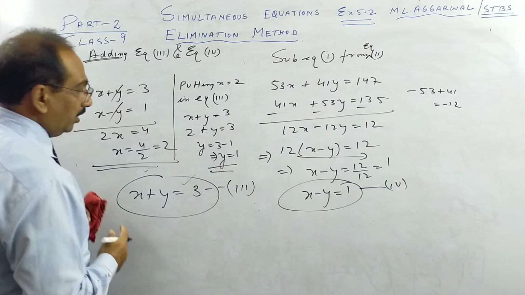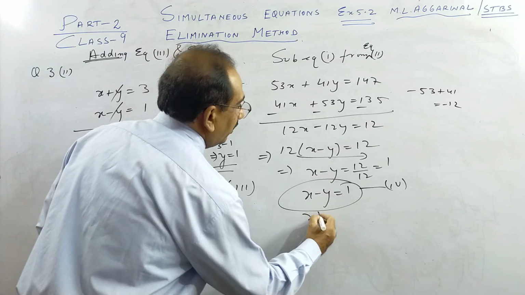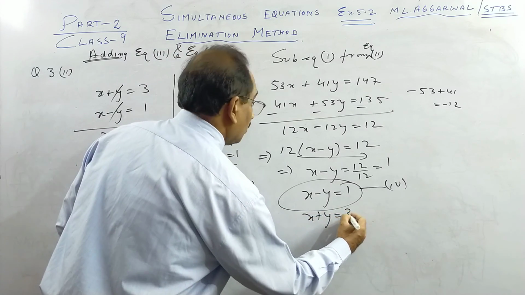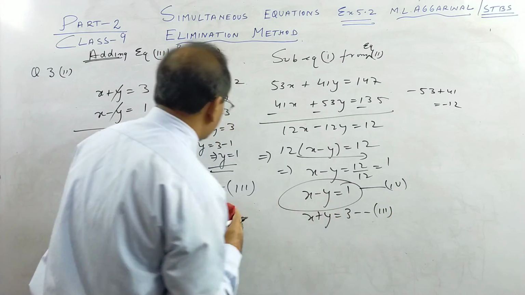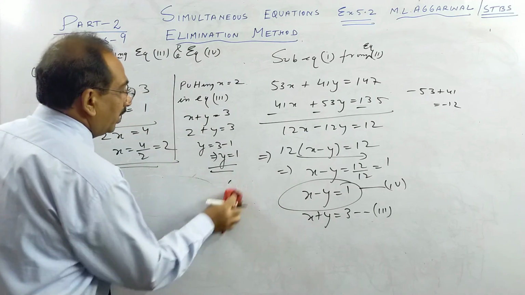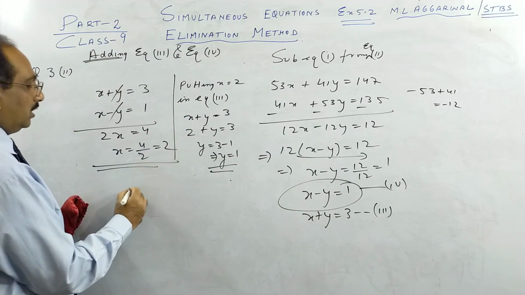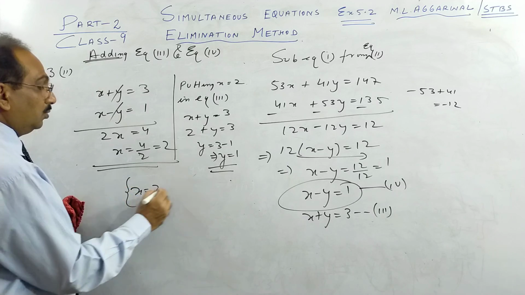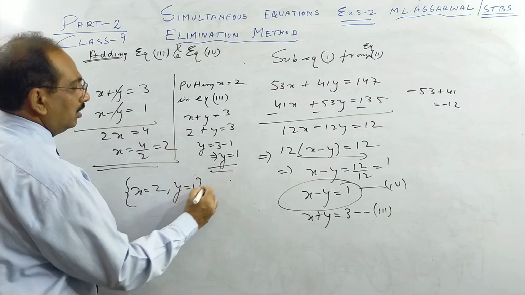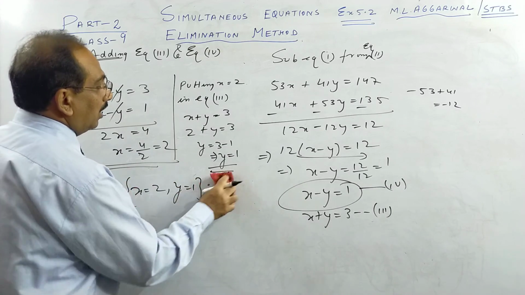So finally what will you write, children? This was my equation 3. So to make the work of your examiner or teacher easier, x as 2, y as 1 is your answer.